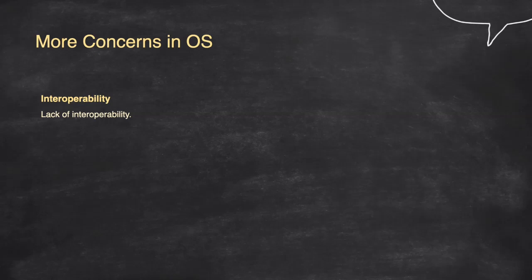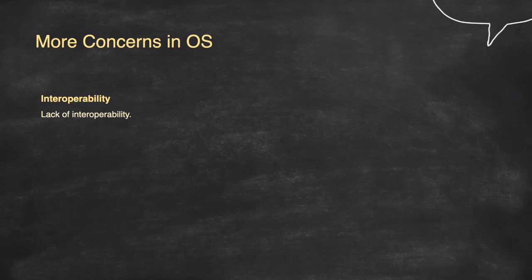Incompatibility between systems may result in reduced functionality, data silos, and inefficiencies in workflow. So for businesses, this can hinder collaboration, limit scalability, and increase costs associated with finding workarounds or adopting additional tools to bridge gaps.